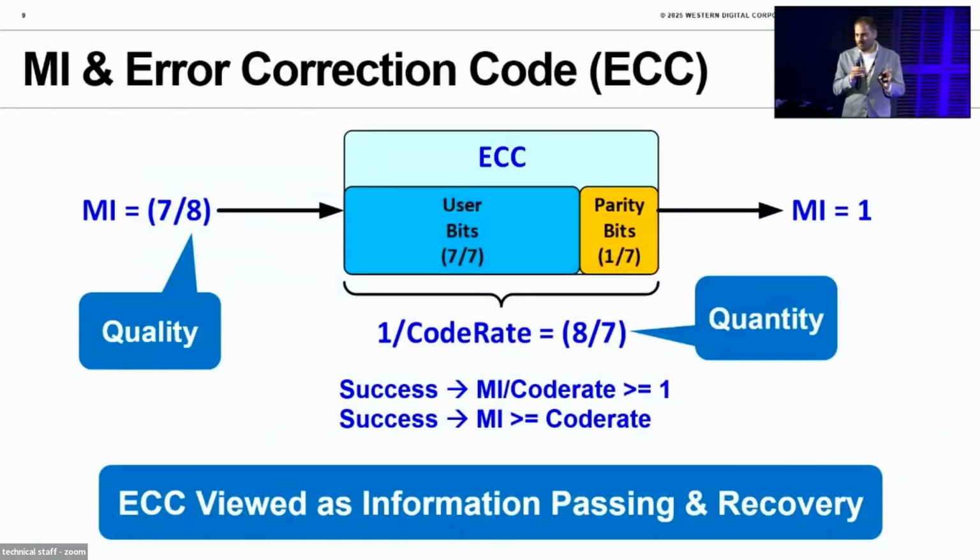So I'll provide an easier example to consume. We can think about the error correction code as how we pass additional information that's going to aid us in recovery. If I see that the quality of my signal is, let's say, 7 out of 8, and I've encoded 8 out of 8 here because I'm devoting one parity bit in this particular equation, I read 7 out of the 8.